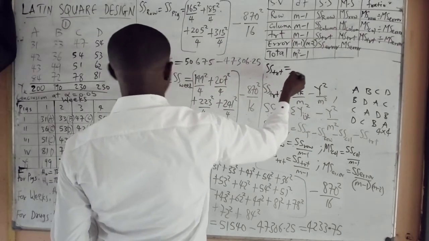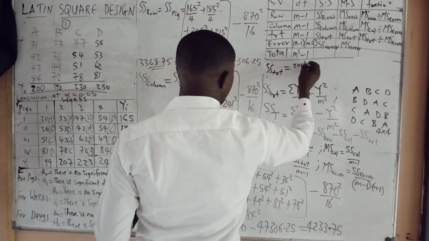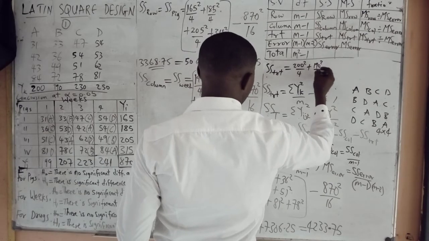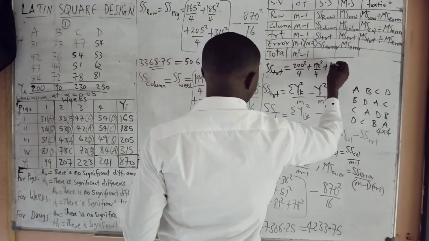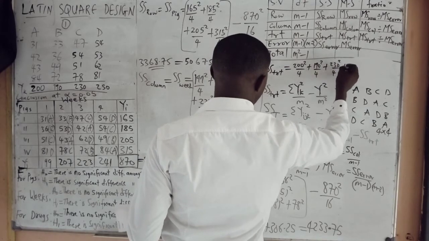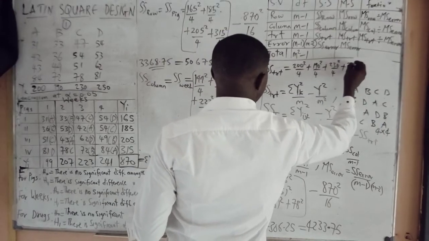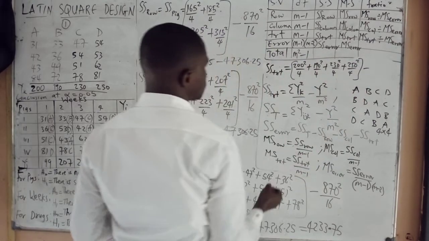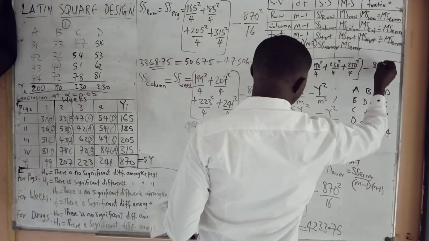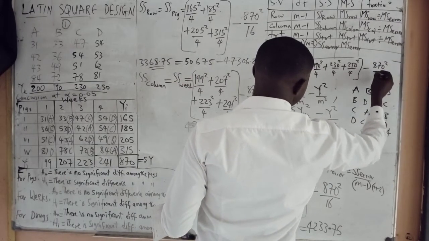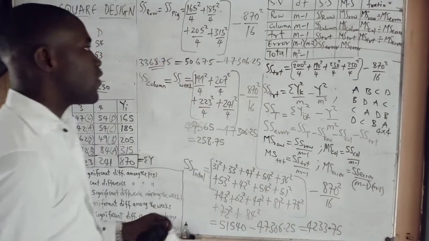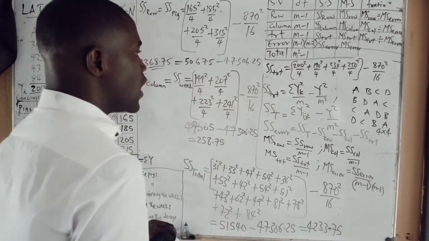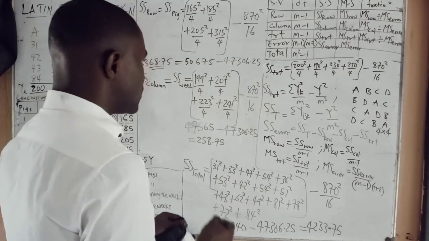So SS treatment will be 200 squared all over 4 plus 190 squared all over 4 plus 230 squared all over 4 plus 250 squared all over 4. Once you sort it out, minus y squared is 870 squared all over 16. That is 4 times 4.